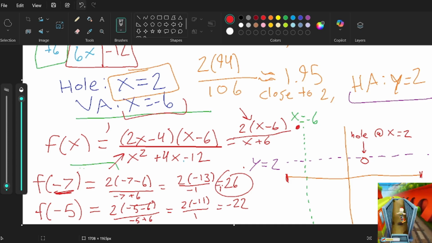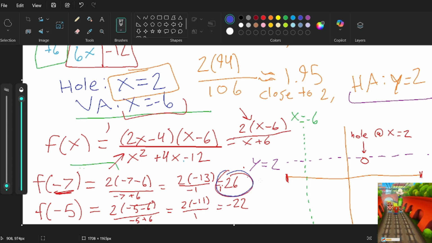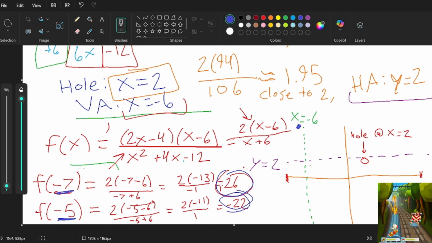Let me actually use a different color so it stands out more. This 26, when x is negative 7, that's somewhere up here. When I plug in negative 5, so somewhere to the right of my asymptote, I get a negative 22. So at x equals negative 5, it's going to be somewhere down here.